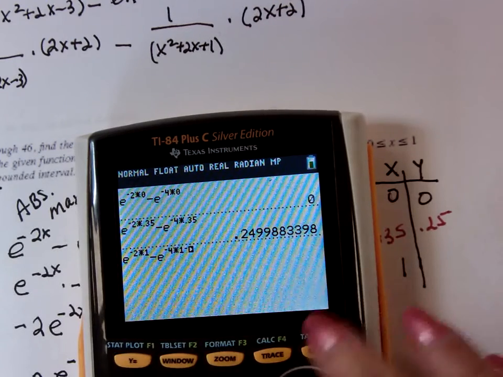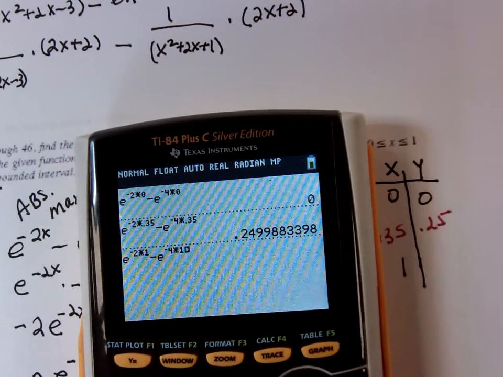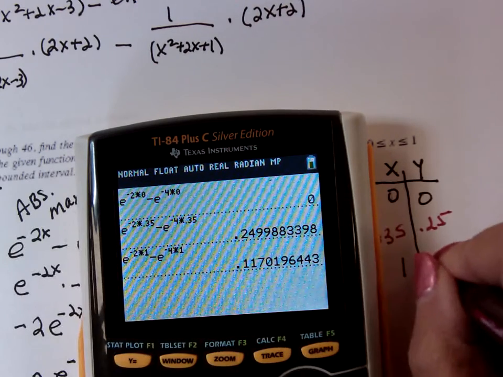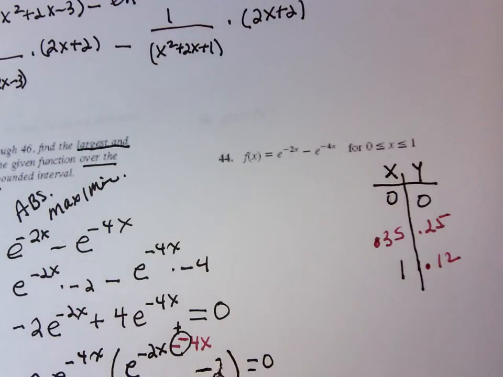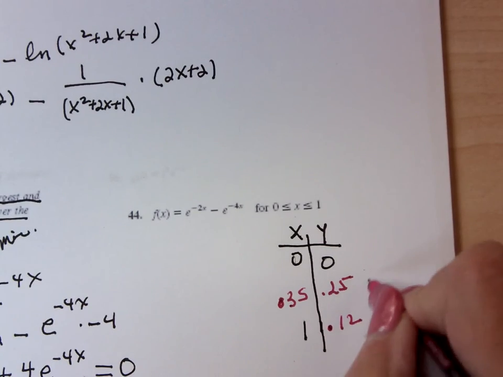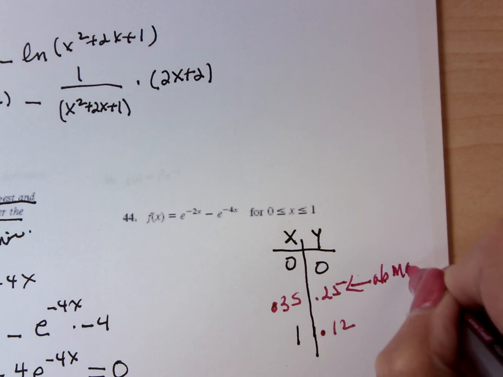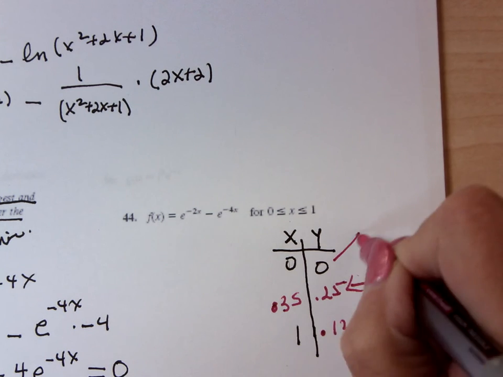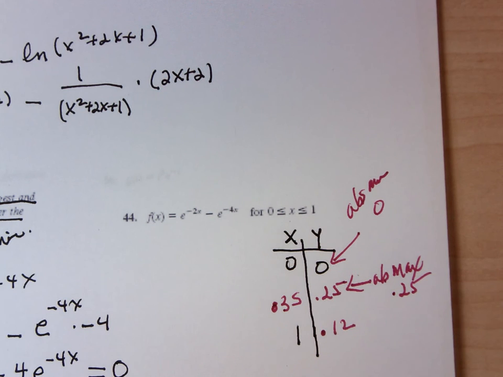Whoops. 0.12. Delete. Press the wrong button there. 0.12. Now, absolute max, 0.25. Absolute min, 0. It's y values.